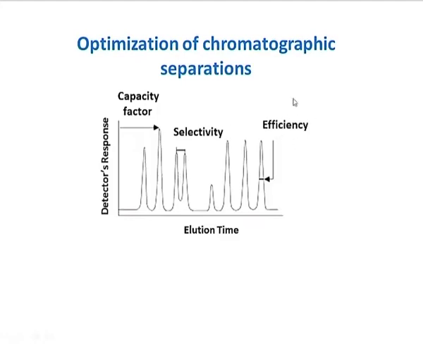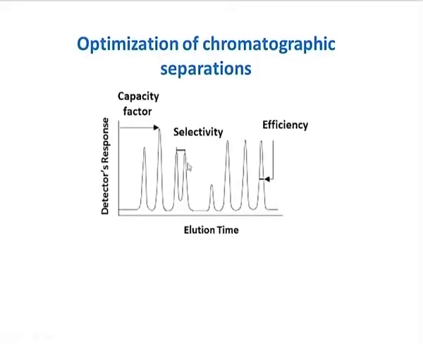And the last term, efficiency, talks about the morphology of the peak which has come out. It means, for example, in these 3 peaks which are at quite a good distance apart, we can still see the peak width and find out how efficiently the peak has come about.